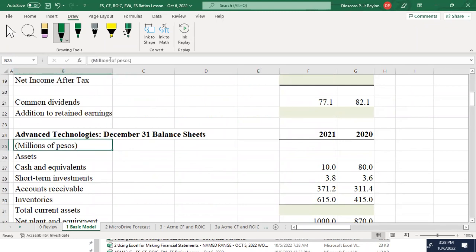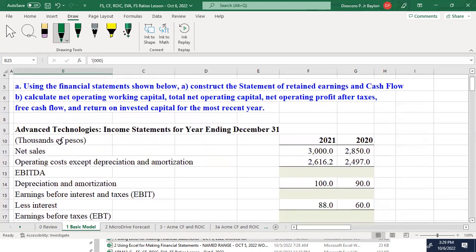Sorry about this, this should be in thousands. This means that the figures are in thousands of pesos. All right.